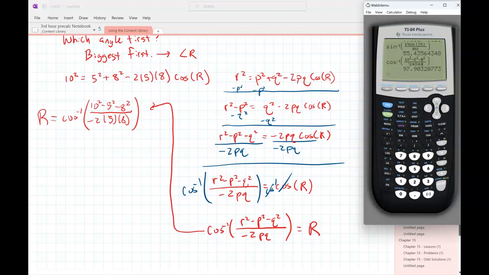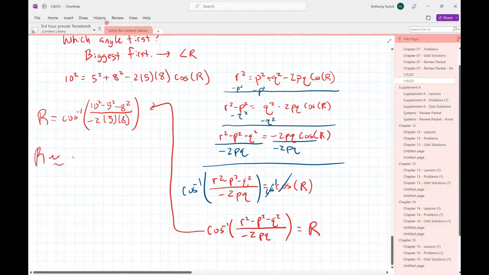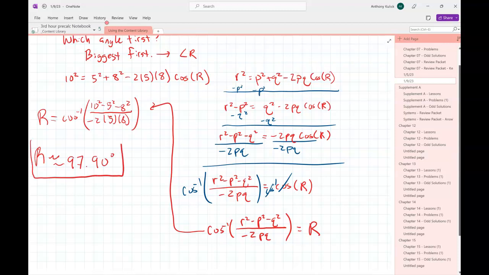So there's my value for R. So I get 97.90 for R. Now, because this is an obtuse angle, it doesn't really matter which side or which angle I solve for first.